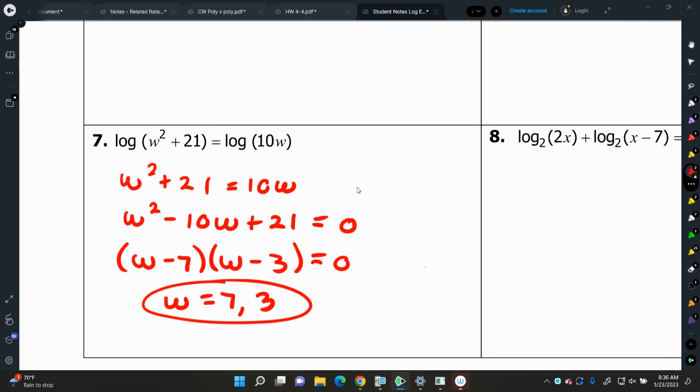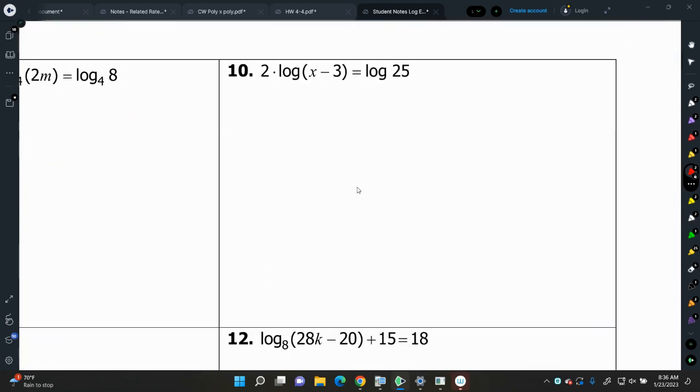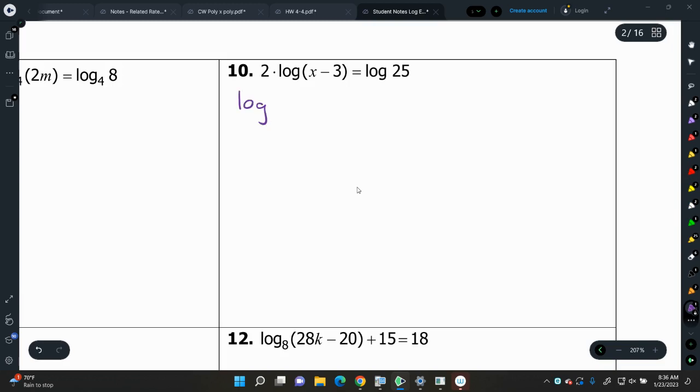All right, now to the fun side. Number 10. So we're going to change this to log of x minus 3 squared equals log of 25. So we have x minus 3 squared equals 25. We have to FOIL this out.